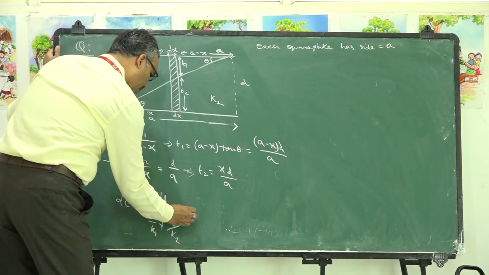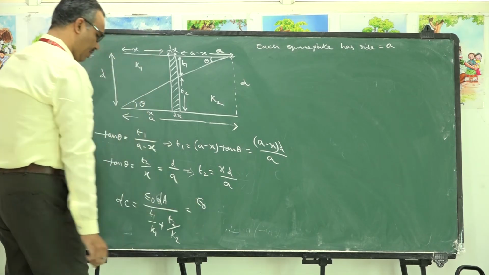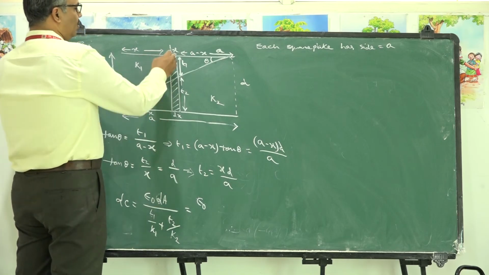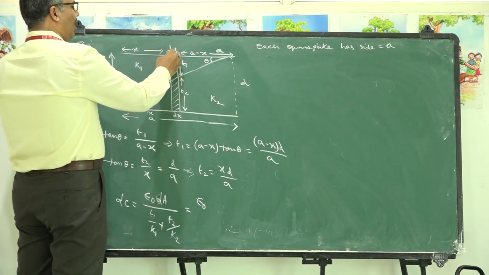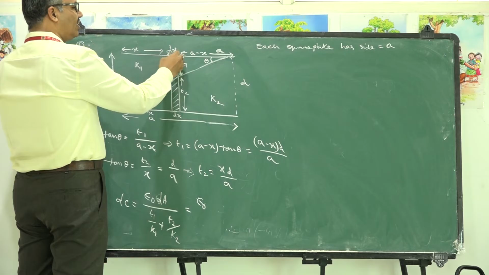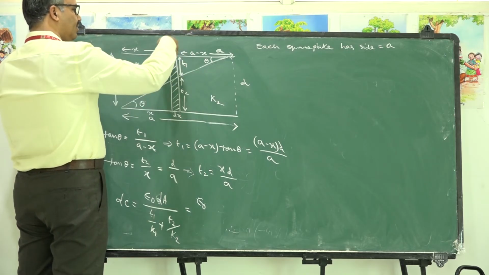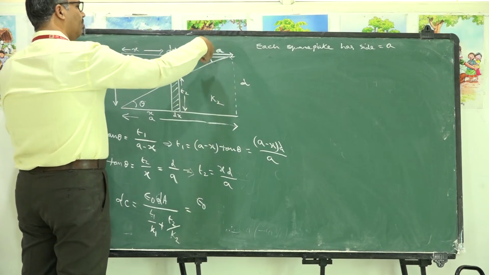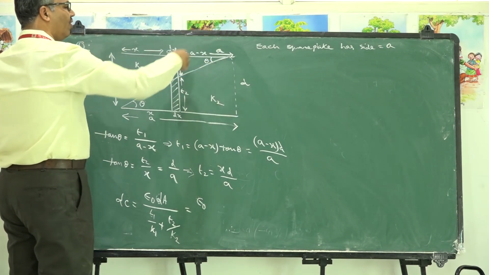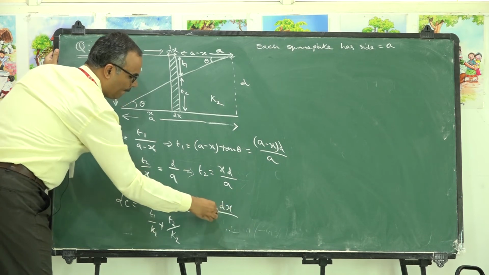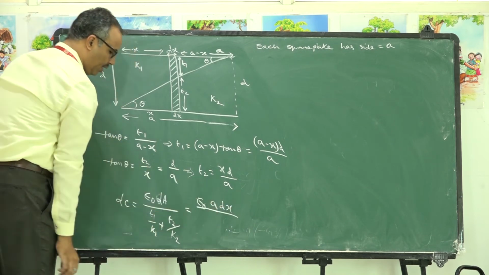So, epsilon naught dA means the area of the small elemental capacitor. Its length and breadth: if you consider, length is taken as dx, breadth is nothing but the side of the square plate. So, A dx will be the area of the small elemental part.